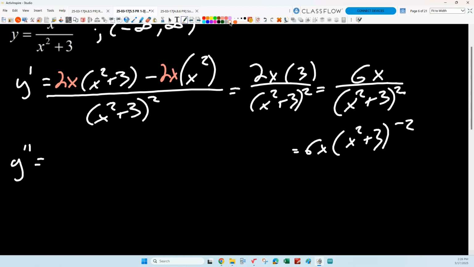Okay, so negative 12x, we'll pull the negative 2 out front, times x squared plus 3 to the negative 3 times 2x, okay? Plus 6 times x squared plus 3 to the minus 2 times 6.